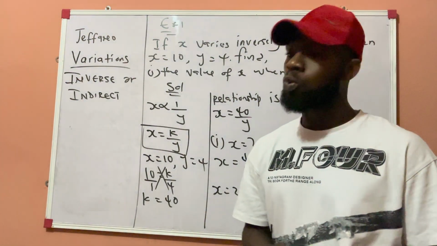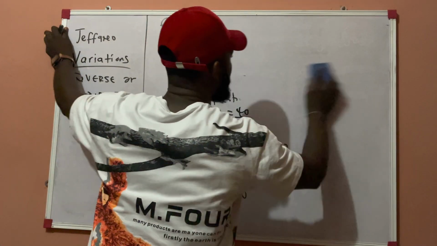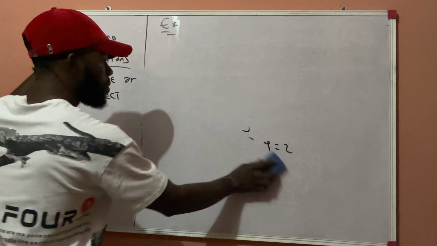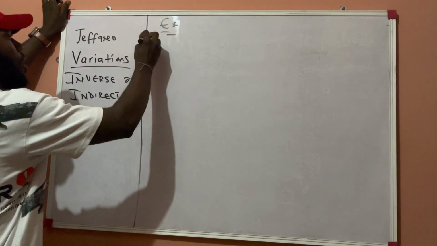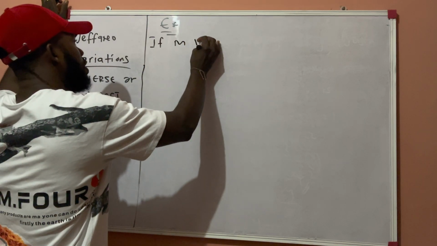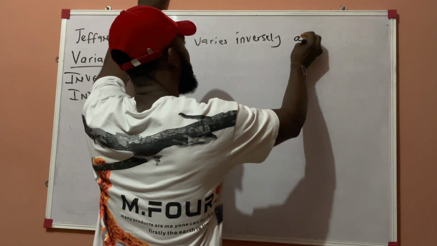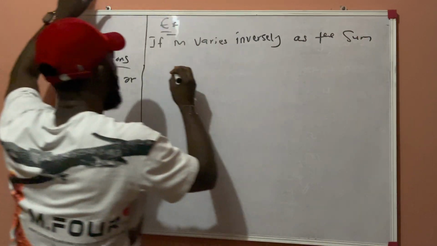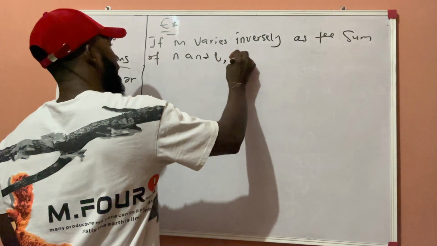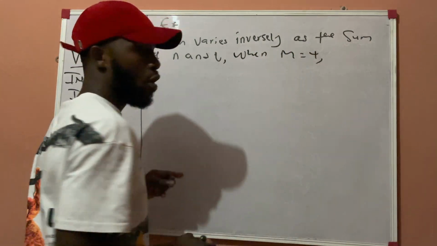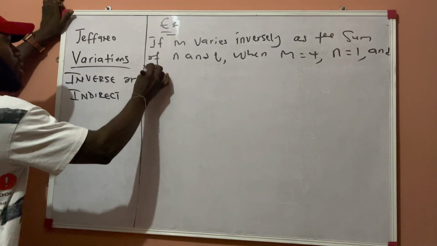Now, let us go to example number 2 without wasting time. Example number 2 says, if m varies inversely as the sum of n and q, when m equal to 4, n equal to 1, and q equal to 2.